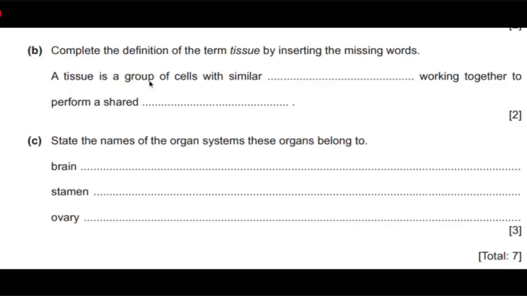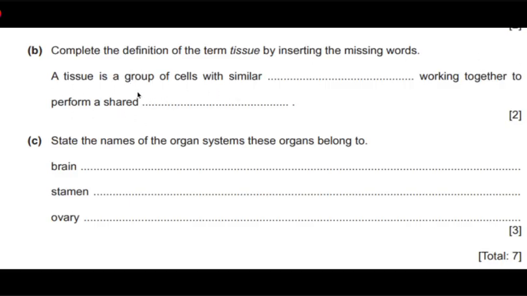Alright, so for question B, it is saying complete the definition of the term tissue by inserting the missing words. So they have started for us. A tissue is a group of cells with similar dash working together to perform a shared what.